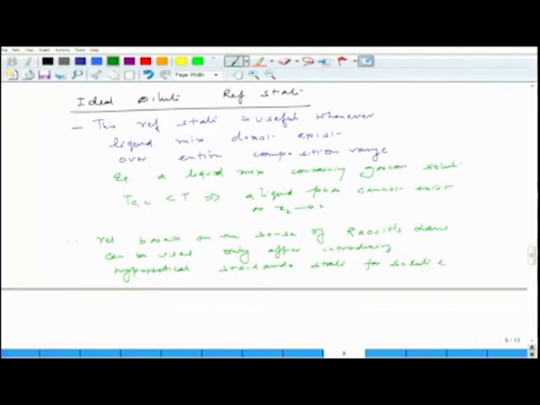So, this is why in such a scenario it is more convenient to consider the ideal dilute reference state, which avoids this kind of difficulty, and that is why Henry's law comes into the picture. Okay, so let me write that.